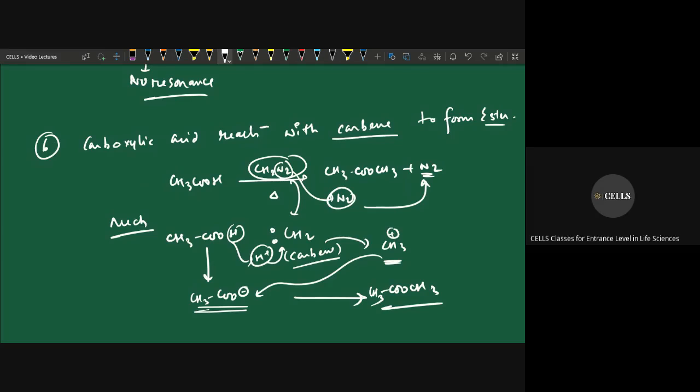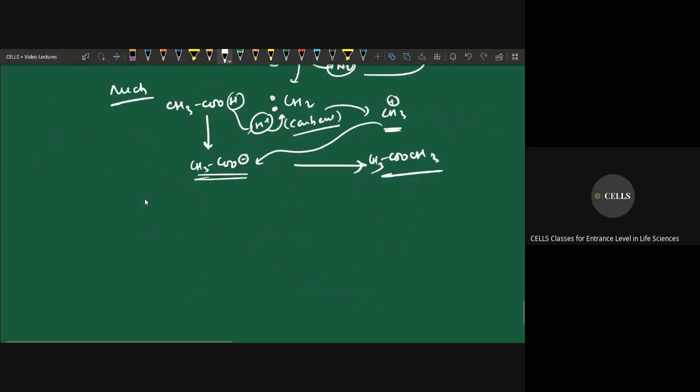So the main important point, what is the gist? Suppose this is the RCOOH. If you have CH2N2, then what will happen? It will be released in the form of carbene. This H plus will bind with the carbene. It forms RCOO minus. It will form CH3 plus.